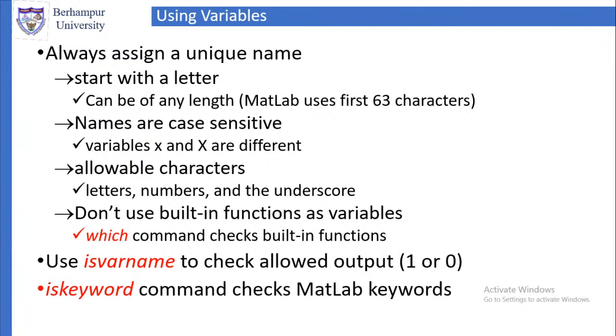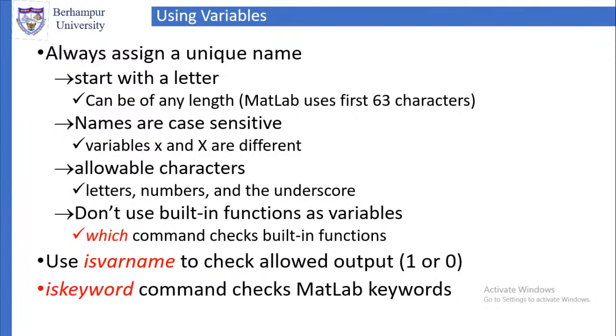It can be of any length, but MATLAB considers up to 63 characters. After that, 64 onward will be neglected, but you can give more than 64 characters to the variable name, so don't worry about that. You will not require that lengthy a name for a variable. You will at best give 4 to 5 characters throughout your programming in this course.